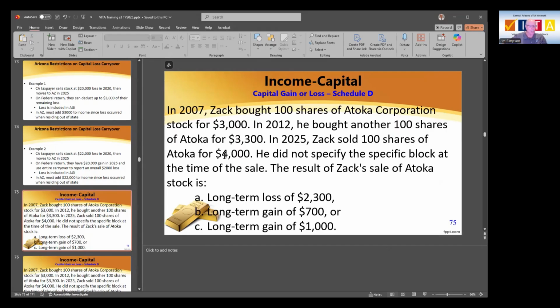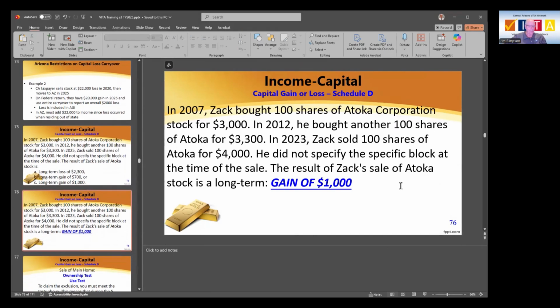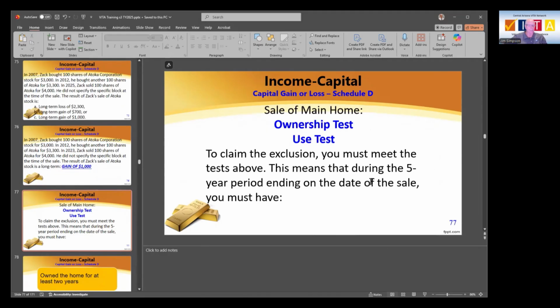If he sold 100 shares in 2025, they're going to use those 100 shares, right? So what is his loss or gain in this case? And we know it's long term because it went from 2007 to 2012. It was a gain. He sold it for $4,000. He bought the 100 shares for $3,000. So he had a gain of $1,000.